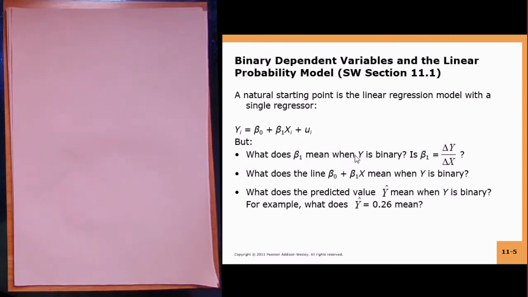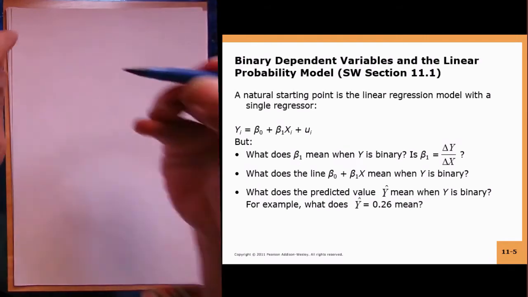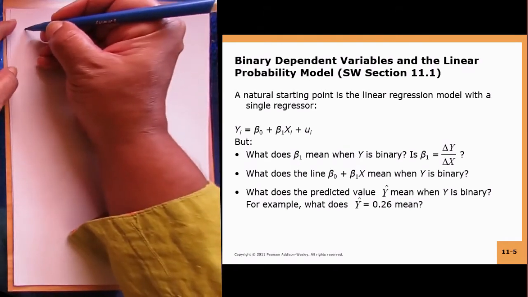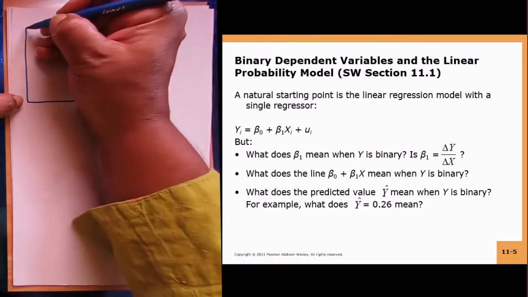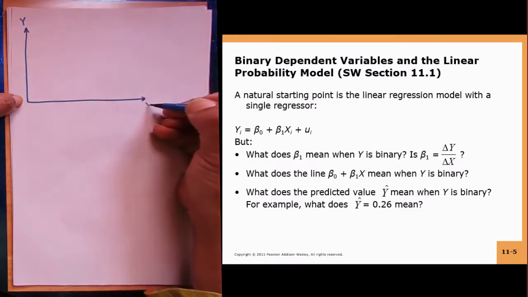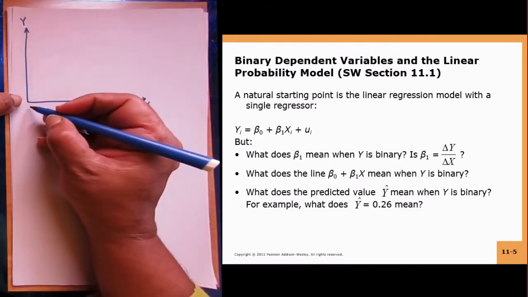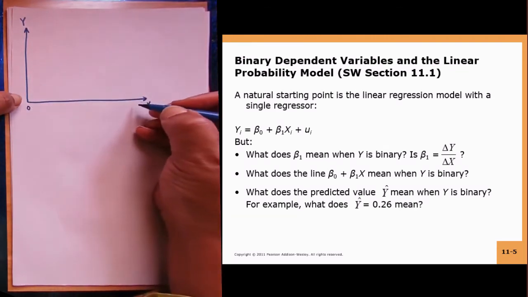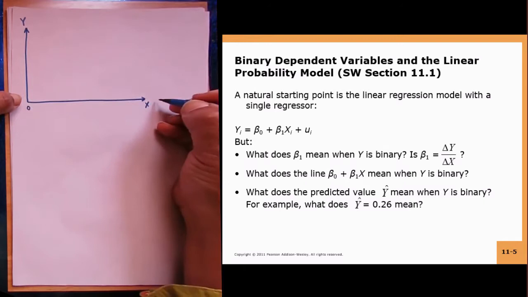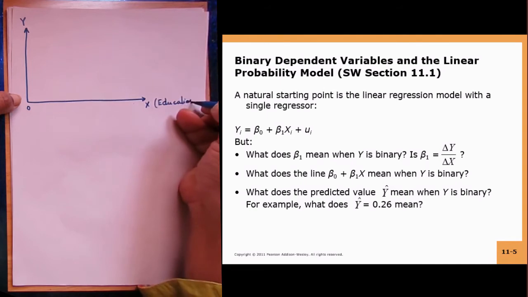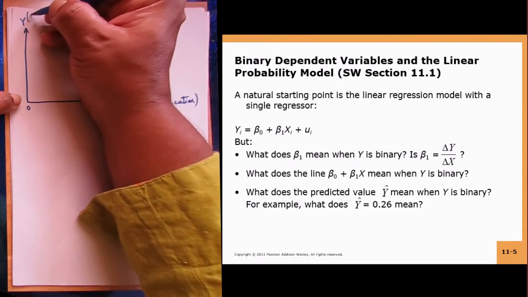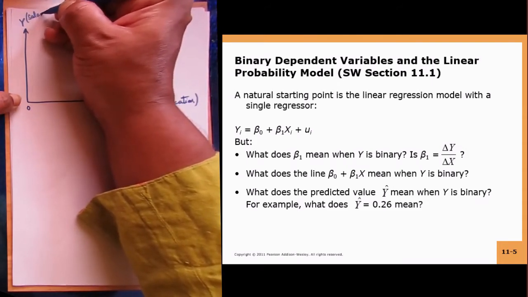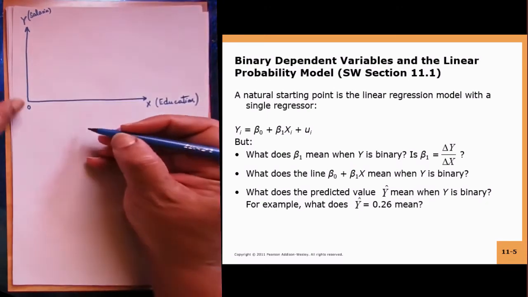Let me draw this kind of data, and then you will understand. So in normal regression, you have your y-axis and your x-axis, and say your x-axis is education and your y-axis is salaries.